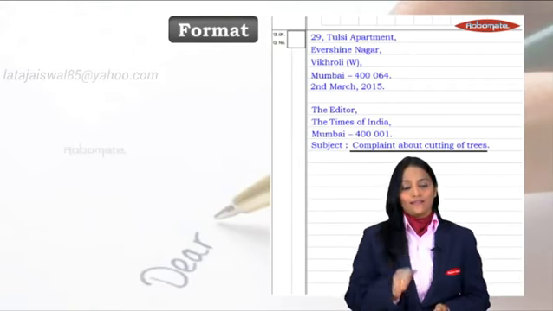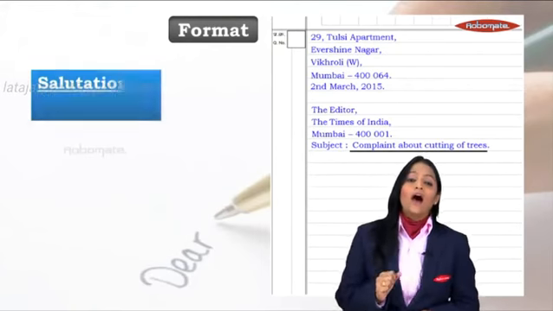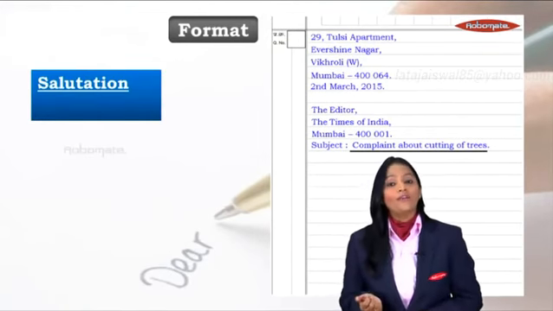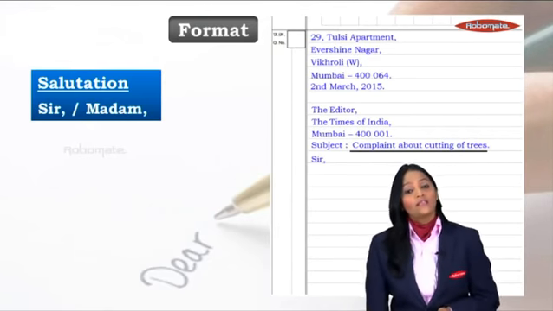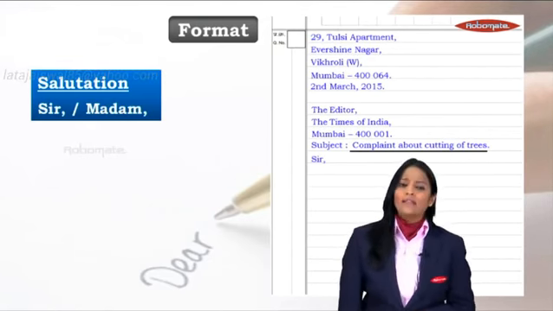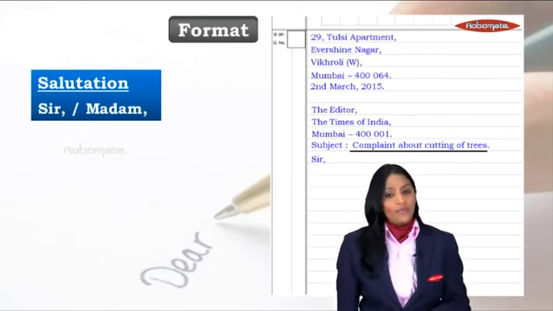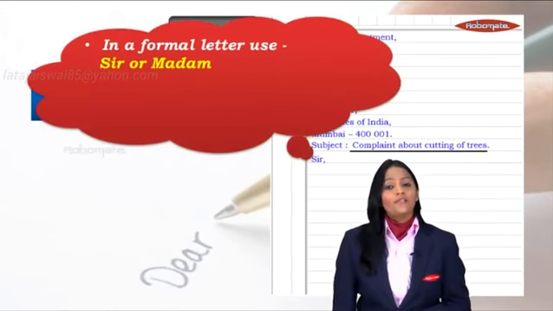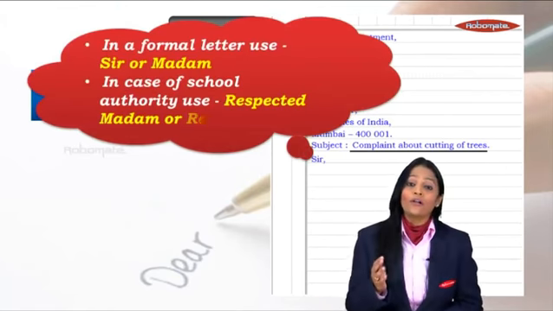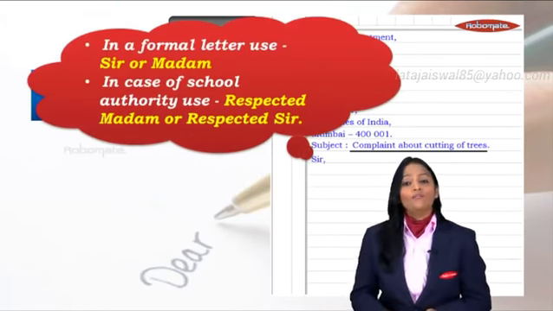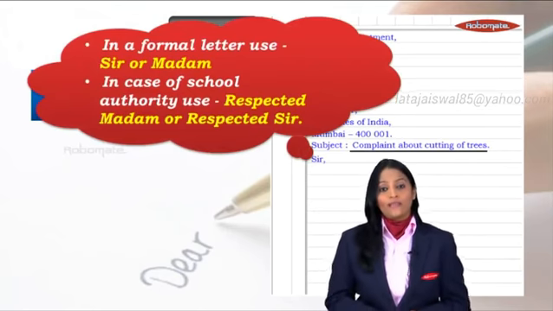It highlights. Okay? And then, after the subject comes the salutation. We have to address the person to whom we are writing, sir or madam. Either one of them. Okay? Generally, we use sir. Of course, if it is a general formal letter, you write sir or madam. But if it is for a school authority, you can write respected madam or respected sir.